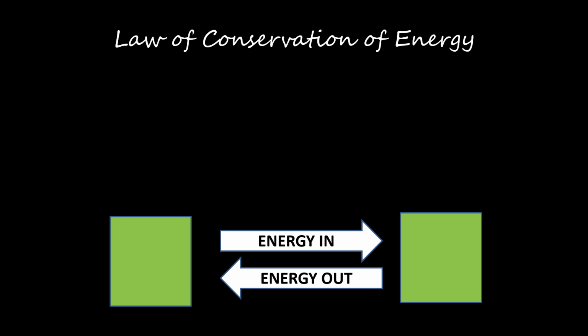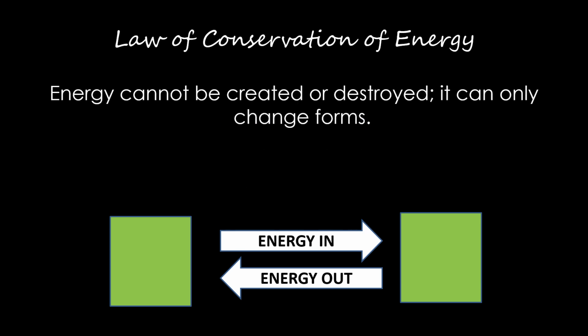All right, so something that governs all of thermochemistry and this idea of heat transfer is called the law of conservation of energy. And this law states that energy cannot be created or destroyed. It can only change forms.